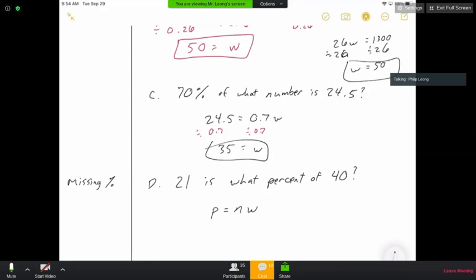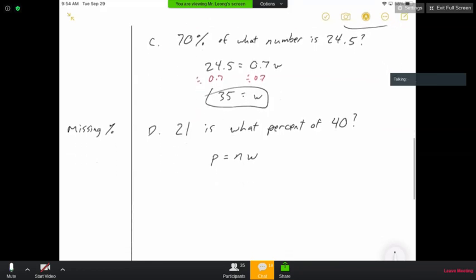Okay, so for this one, check it out. We know that this is our P right here, 21 is. We know this is our W here. So let's just set it up.